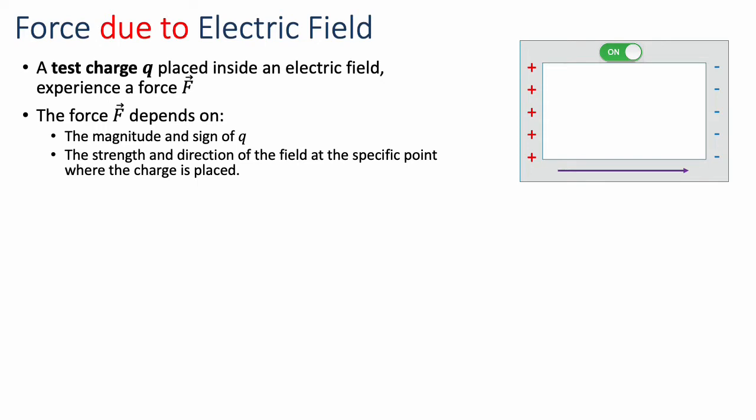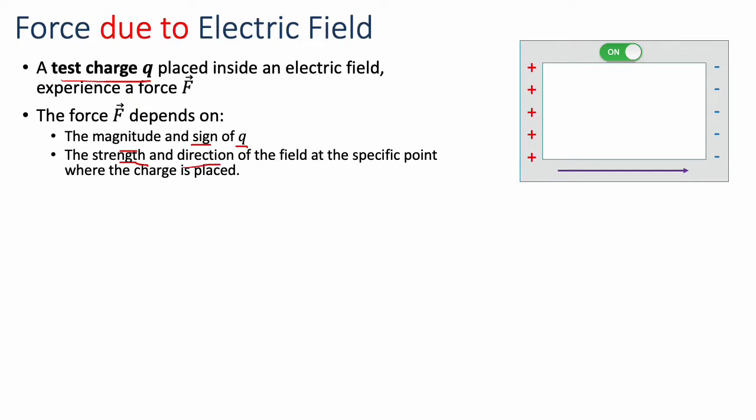And now I take a tiny point charge, I call it a test charge Q, and I place it inside the field. I say that the force this charge is going to experience should logically depend on two things, because of the interaction between the charge and the field.